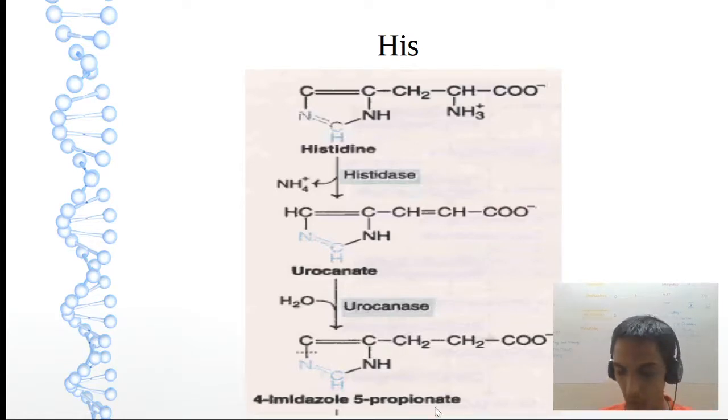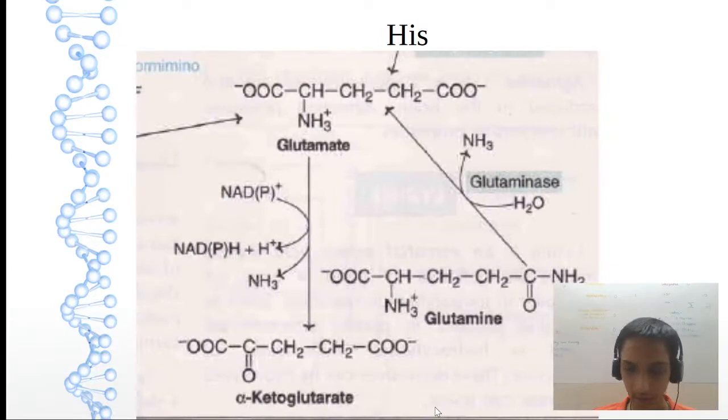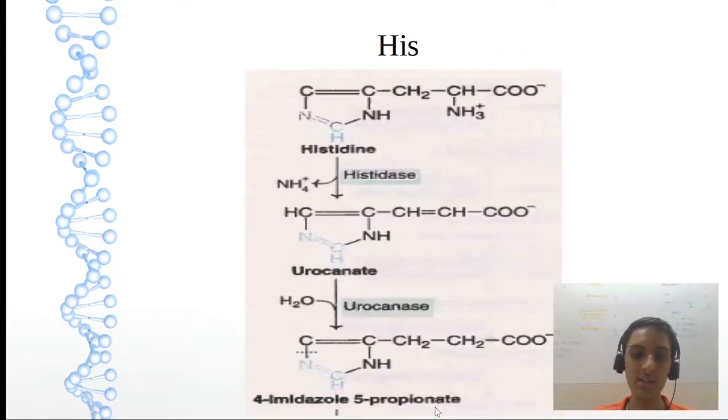From that 4-imidazole 5-propionate, we are going to get FIGLU by hydrolysis again. So 2 times hydrolysis, where urocanate to 4-imidazole 5-propionate. I told you the important enzyme, urocanase. Again continuation, 4-imidazole 5-propionate to FIGLU.